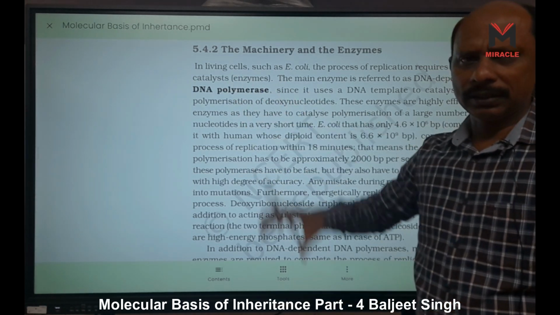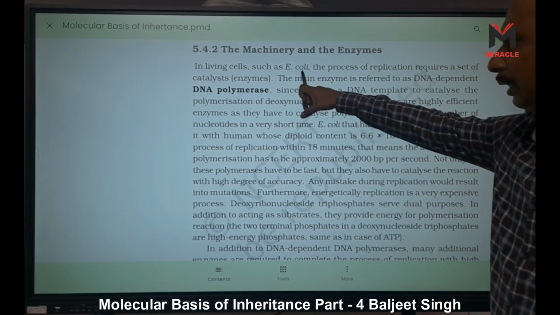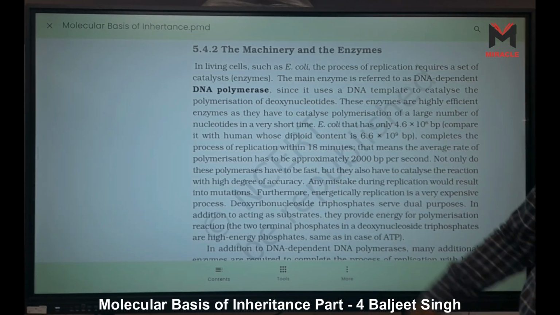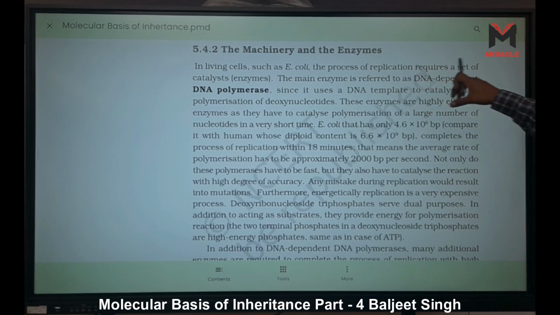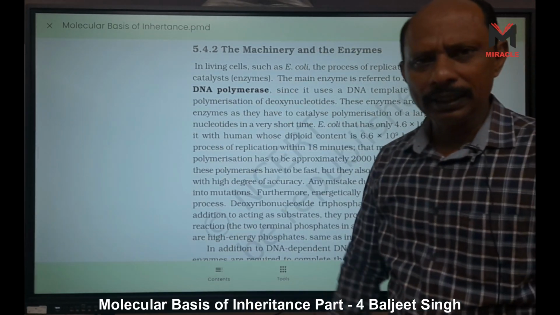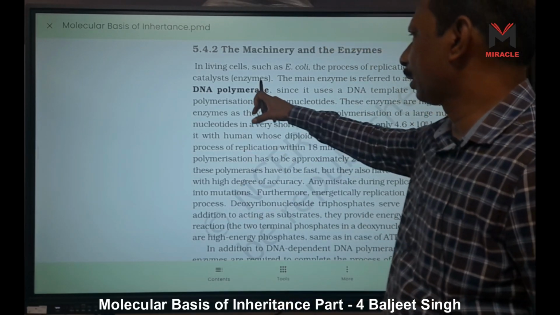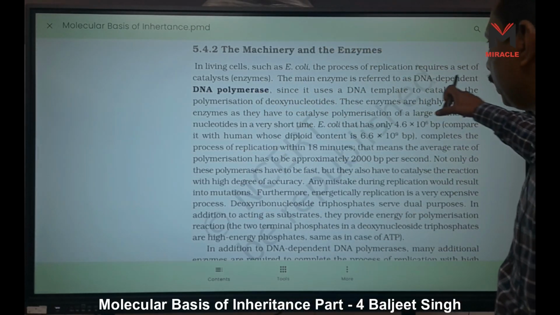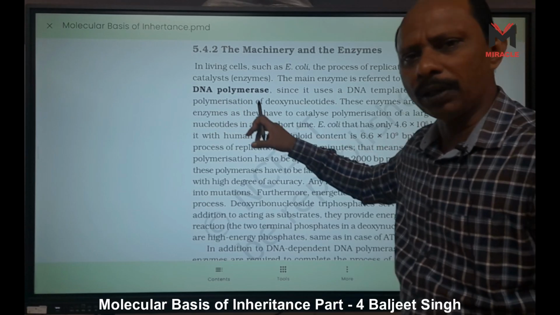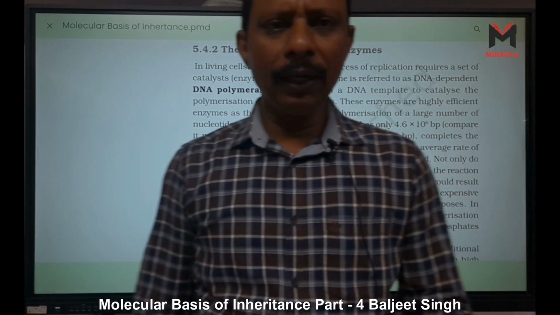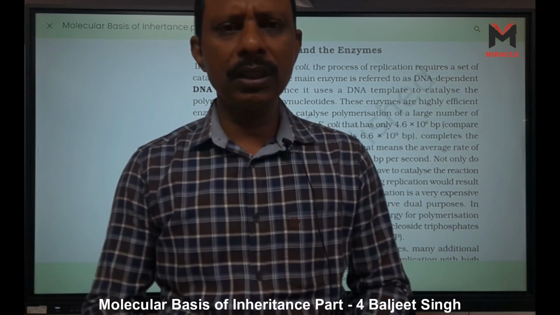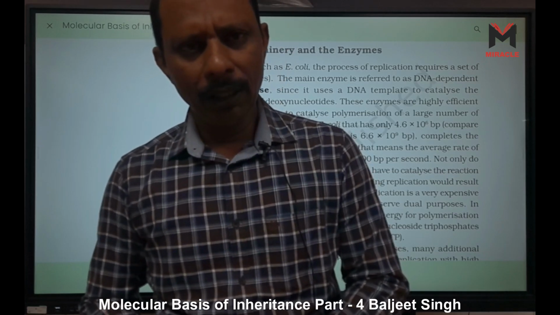In living cells, such as E. coli. E. coli means what? Prokaryotic cell. The process of replication requires a set of catalysts. In biology, we call them enzymes. The main enzyme is referred to as DNA-dependent DNA polymerase. This process is totally dependent upon DNA, right?